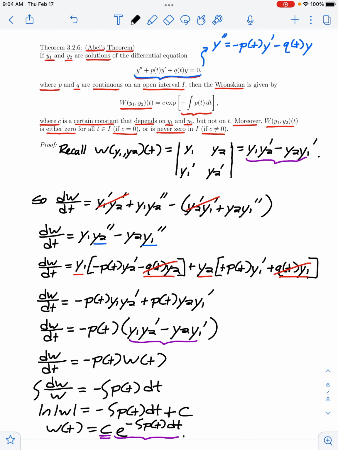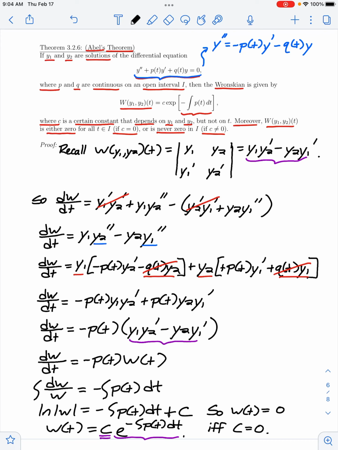So here we can say that our Wronskian is equal to 0 if and only if our constant c is equal to 0. So this establishes our result, known as Abel's theorem.